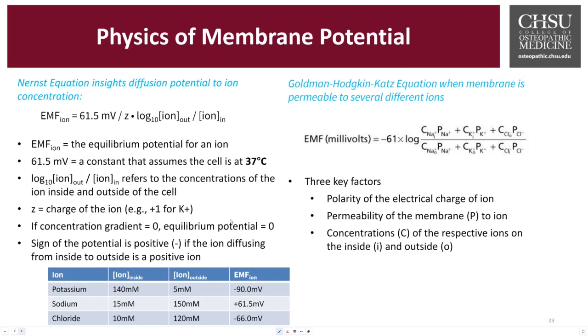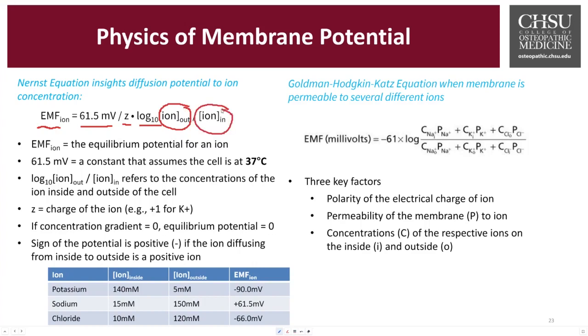The first is called the Nernst equation, which provides an insight into how a particular ion diffuses based on the concentration. The EMF stands for electromotive force of a particular single ion. It's equal to 61.5 mV divided by Z, which is the charge of the ion, and then multiplied by log 10 of the ion on the outside divided by the ion on the inside.